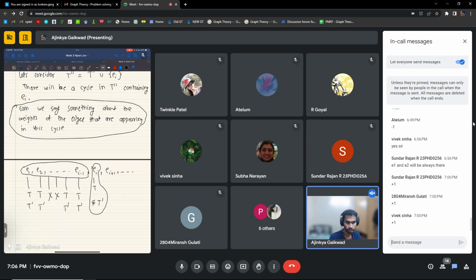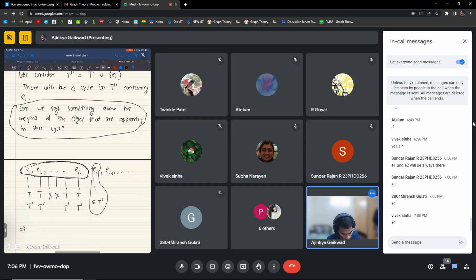If the answer is yes, then EI should not have been inside tree T, because T is the minimum spanning tree generated by Kruskal's algorithm. That means EI cannot form a cycle with the edges which are common to both T and T prime.